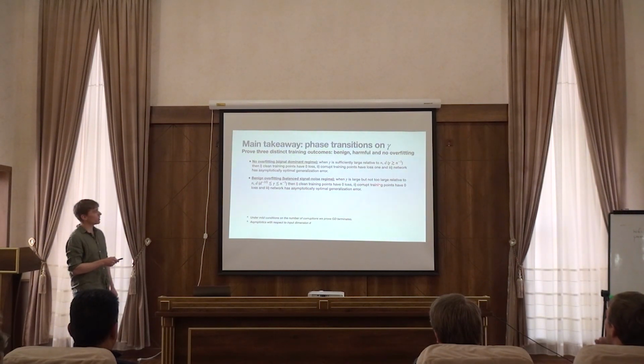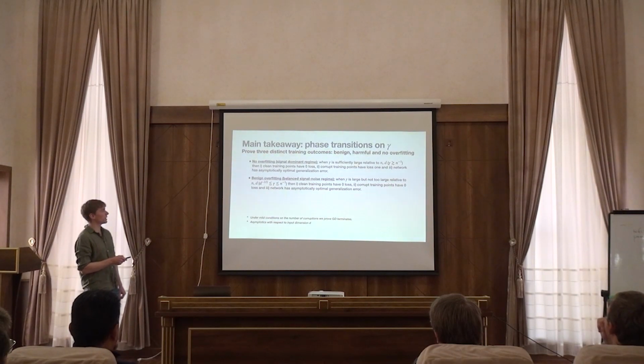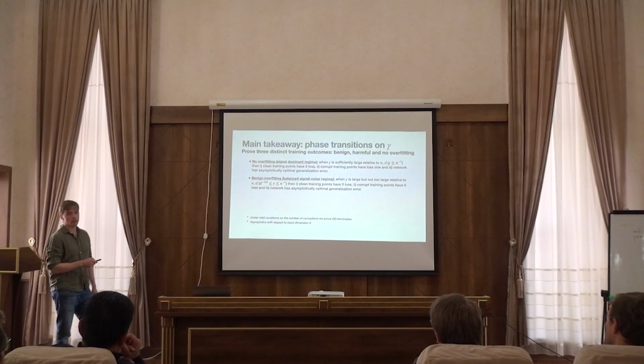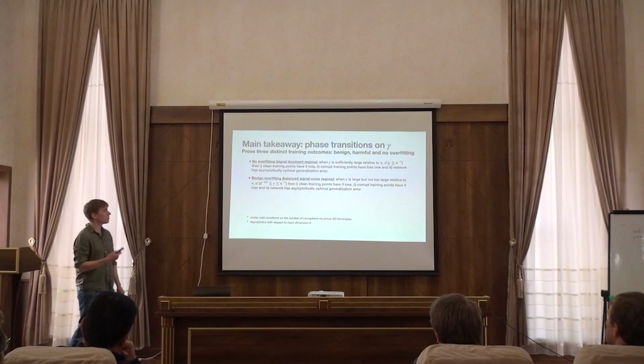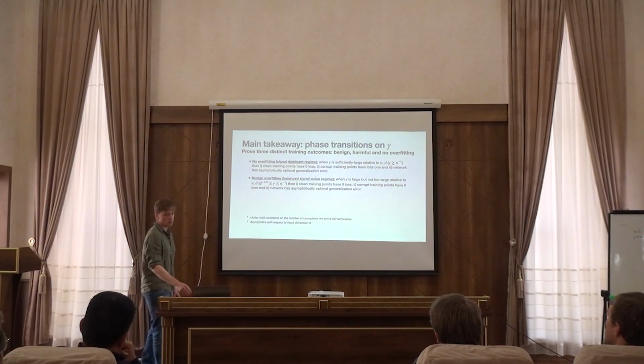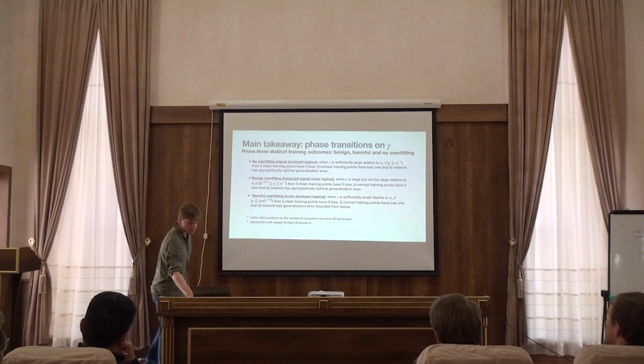We also fit the corrupt training points, so we interpolate the entire training set. But the network still has asymptotically optimal generalization error. So it's a bit similar to the previous one, but here we did fit the corrupt training points, and it doesn't impact our generalization error. We will prove, or I'll show you how we can prove, that we actually see this.